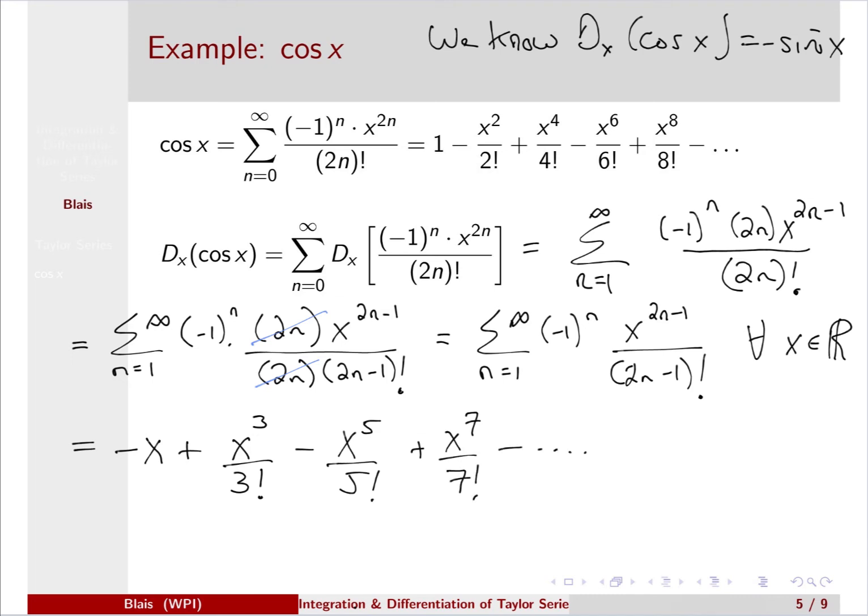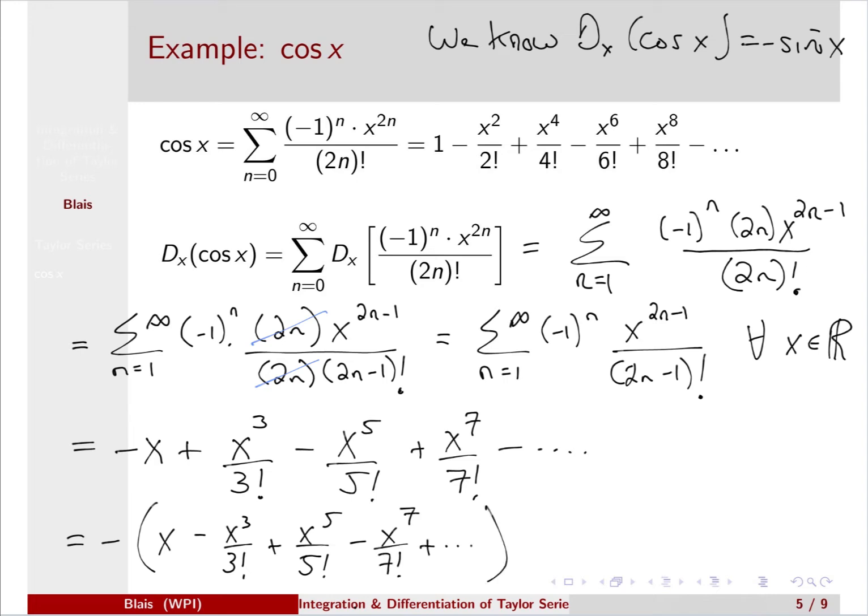And notice that what we have here, let's factor out a minus 1. We have negative quantity x minus x cubed over 3 factorial plus x to the 5th over 5 factorial minus x to the 7th over 7 factorial, and so on and so forth.